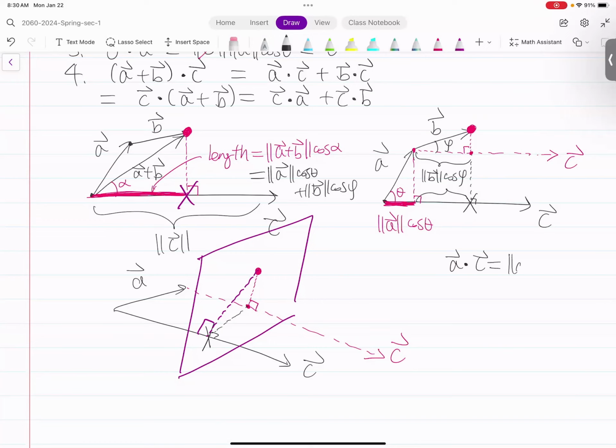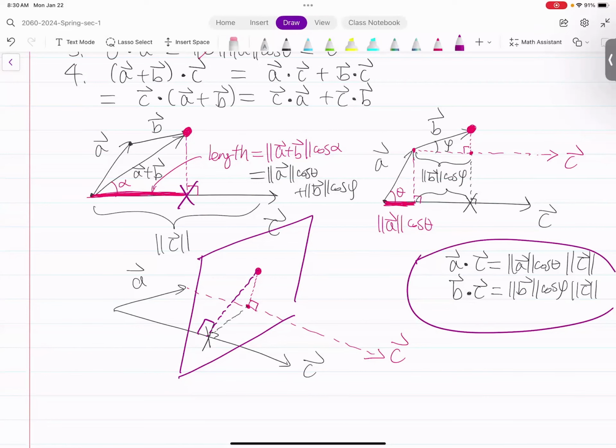A dot C is the magnitude of A, cosine theta, times the magnitude of C. And B dot C is the magnitude of vector B, cosine phi, times the magnitude of C. Now you see, for the right hand side, we just add up these two multiplied by the magnitude of C, and eventually that's the same as this, multiplying by the magnitude of C. So everything is good.